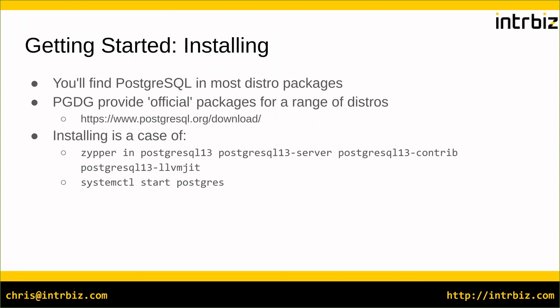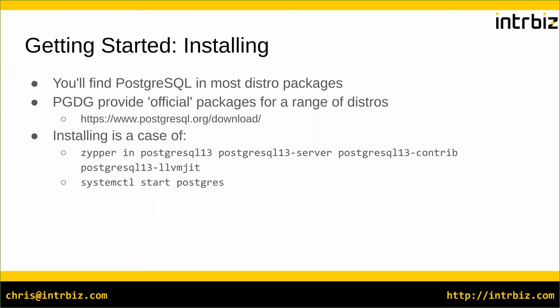So most distributions will split Postgres into the client libraries as well as the server libraries. And there's usually as well an additional package called contrib, which contains a number of additional extensions that get shipped with the core product. And since I think Postgres 11, there is also now an additional optional dependency which enables just-in-time compilation of queries via LLVM.